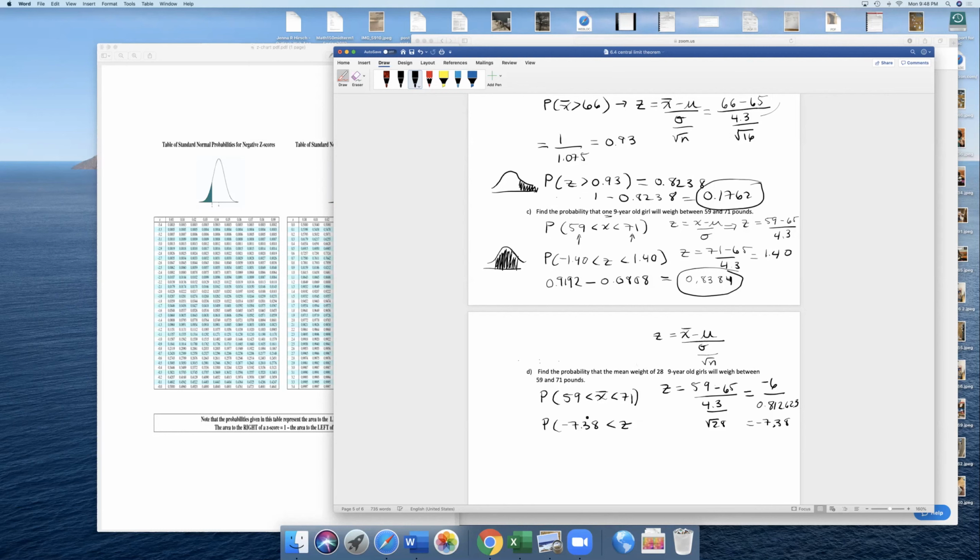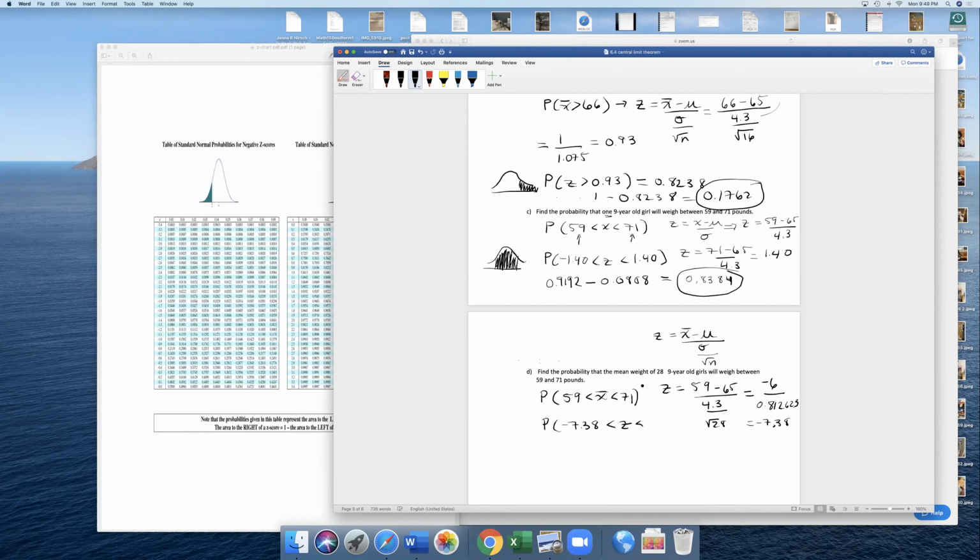So the probability of that happening is very, very small. That's why we have such a low z-value over here, right? This group is more than 7 standard deviations from the mean going to the left. So this is a really, really tiny group of girls, and the probability of this occurring is teeny, teeny, tiny.